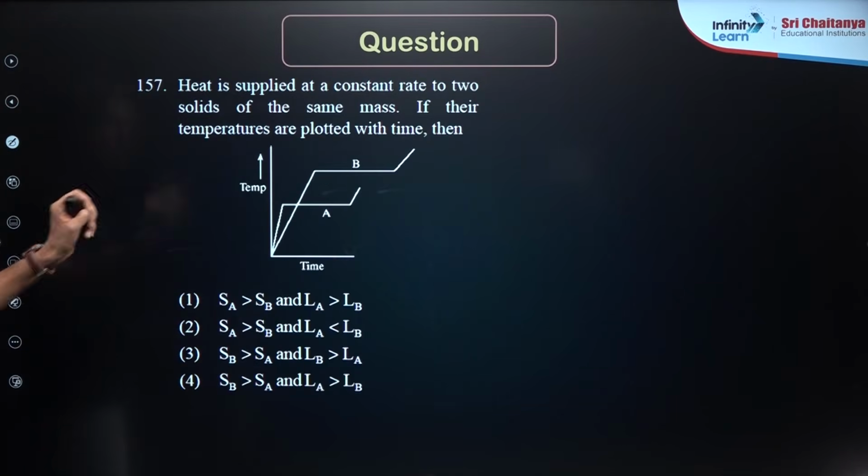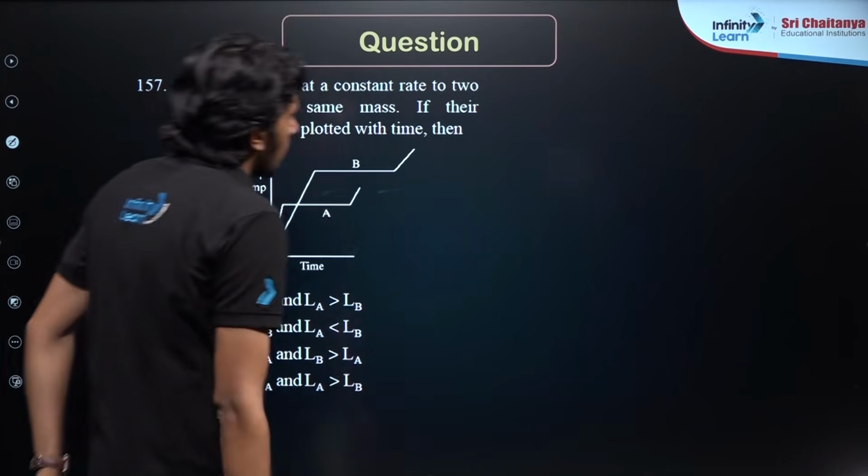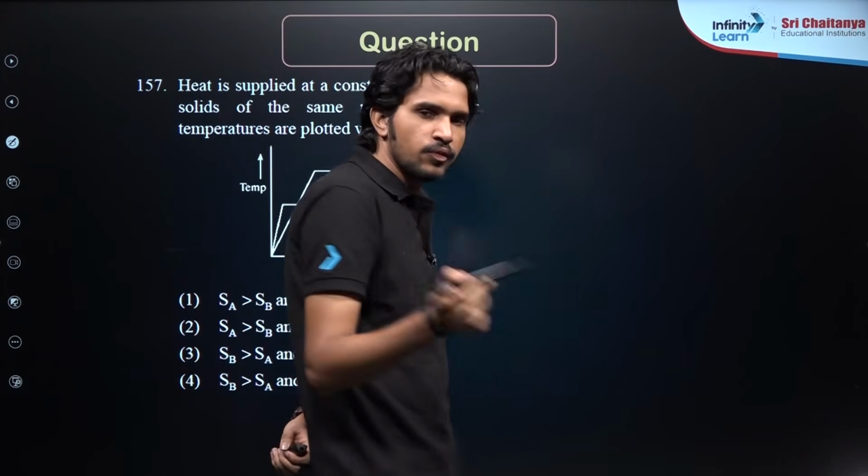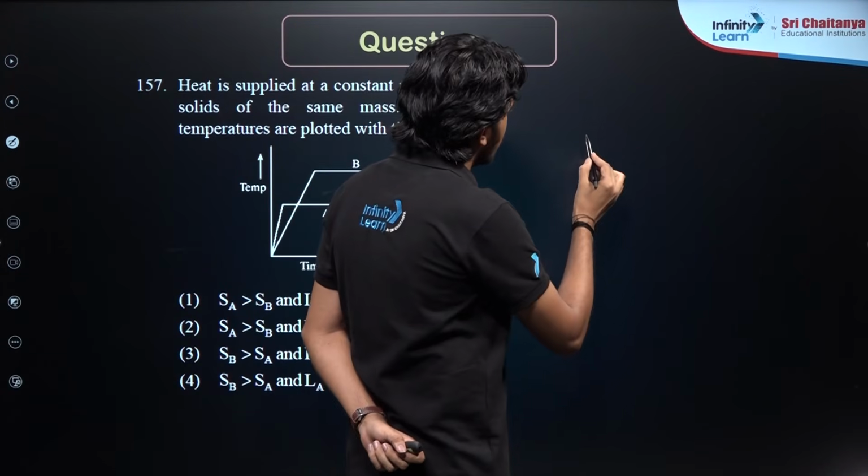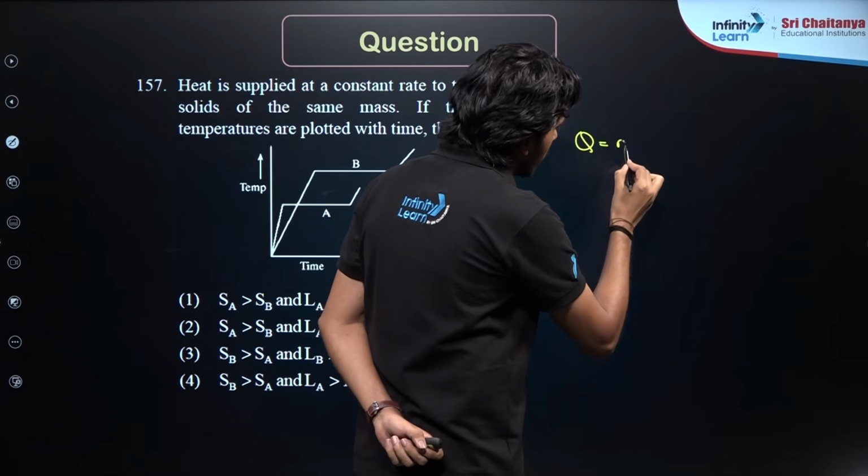Yes. Then we have the next problem. In this problem, heat is supplied at a constant rate to two solids of the same mass, and their temperatures are plotted with time. First of all, we need to know what latent heat is. Q equals mL.